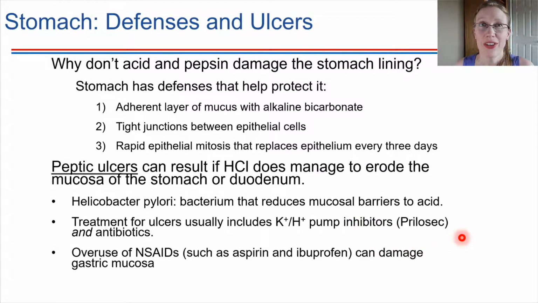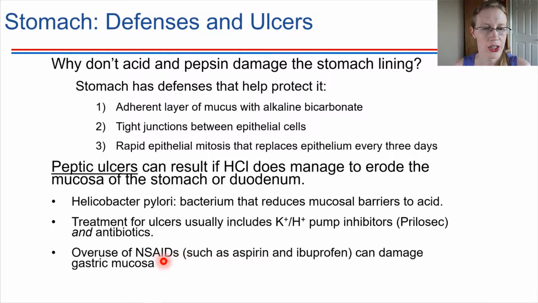Usually treatment for ulcers involves a couple of key things. One is just to help decrease the amount of protons that are being secreted into the stomach, so it raises the pH a little bit. But also treatment with antibiotics tends to be a helpful combination treatment approach. So treating for this type of bacteria will lead to a stronger mucosal barrier in the long run.